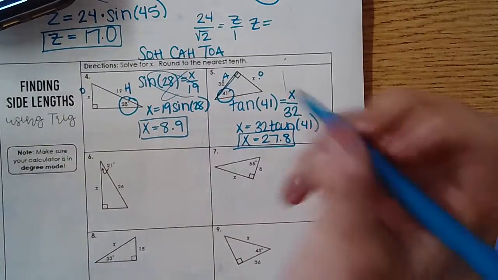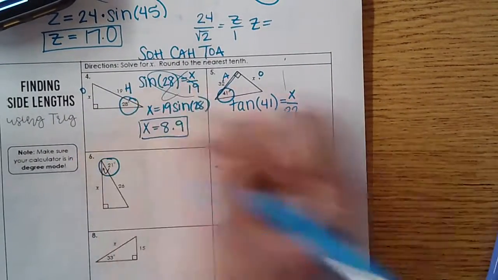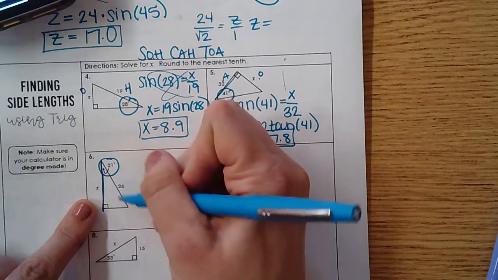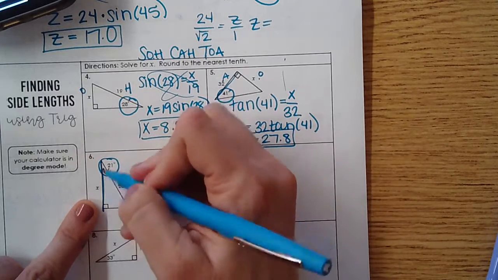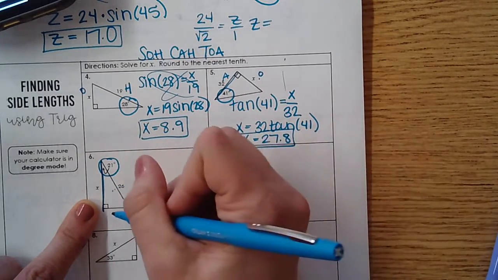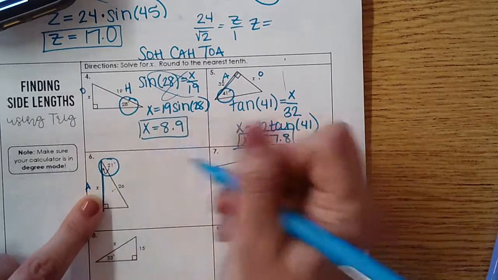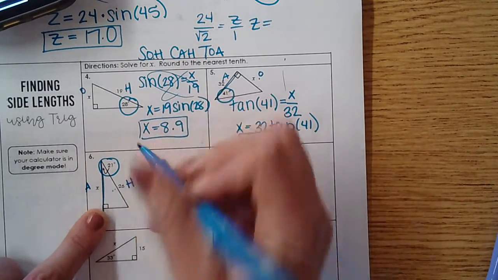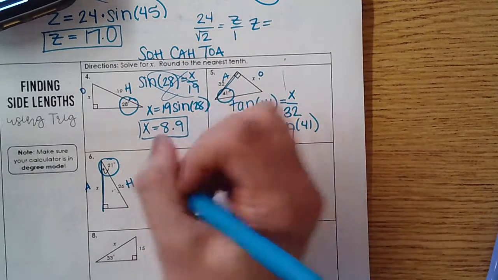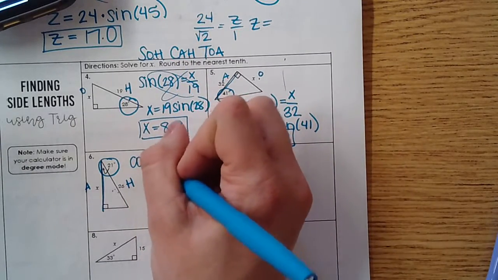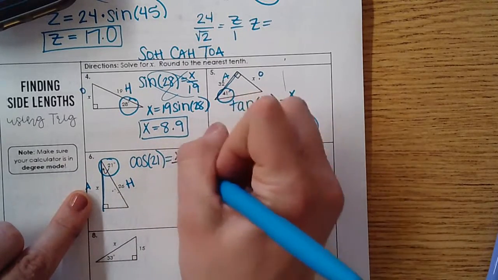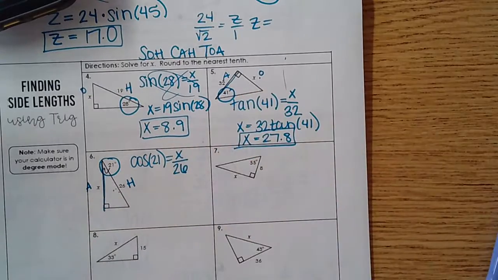Awesome, let's keep working. I'm circling my angle that I have. I'm going to label, I have this X and 26, the side I'm trying to find. All right, is that the adjacent or the hypotenuse? Or is it the opposite? It is the adjacent over here. The hypotenuse is the 26 because it's across from the 90. AH goes with cosine. Cosine of 21 degrees is equal to the adjacent x over the hypotenuse 26.